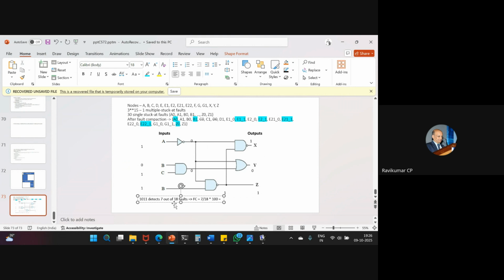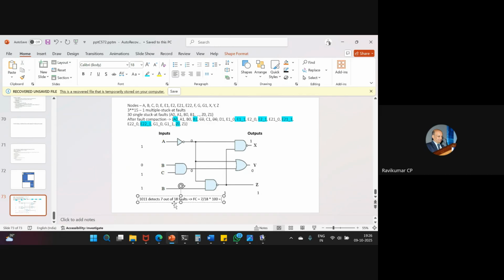So you can see that a random vector was able to detect quite a bit, right? It won't be 50%, but around 40 something. We can try one more random vector. Okay, so I leave that as an exercise to you.